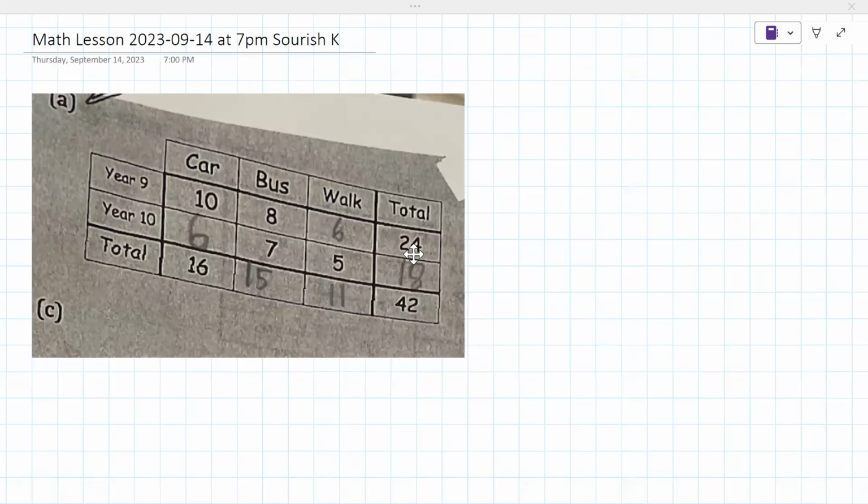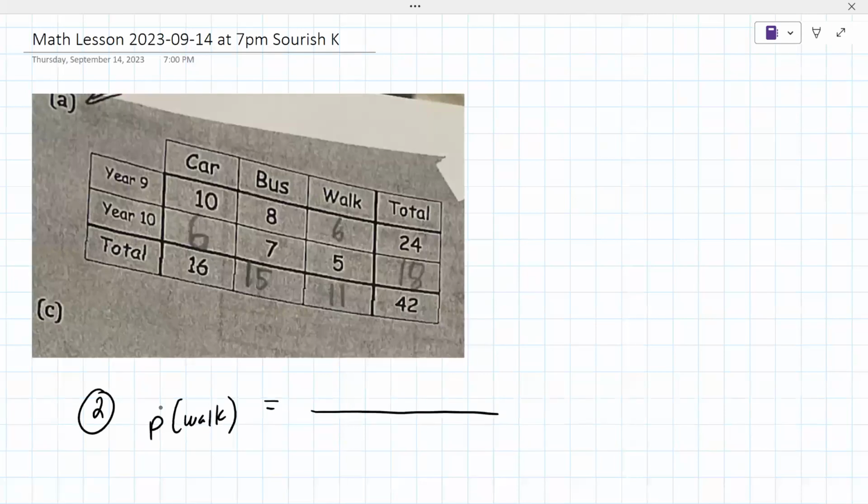All right. Yep. Great. So that's very good. Now the probability of walking is the number of walkers over the total of all. So how many walkers are there? For the walkers, the walkers are 11.